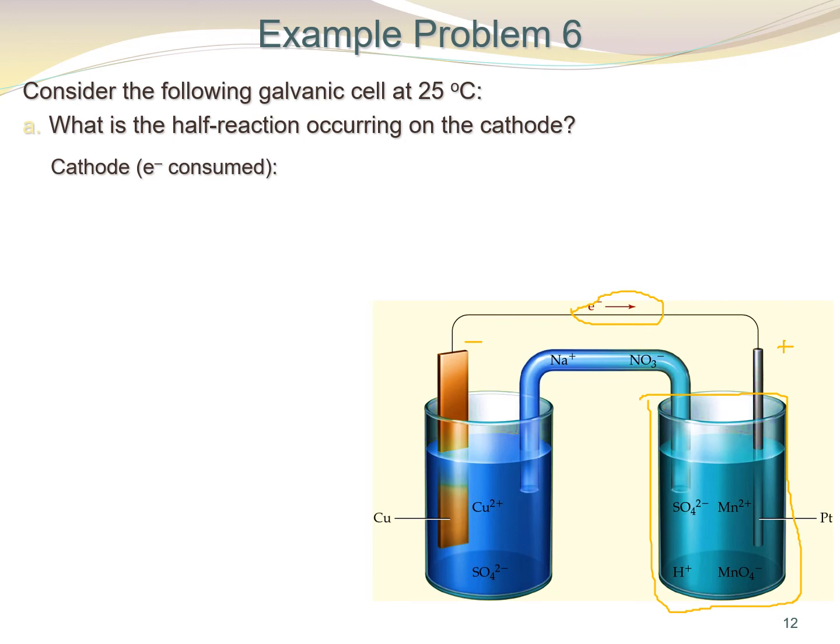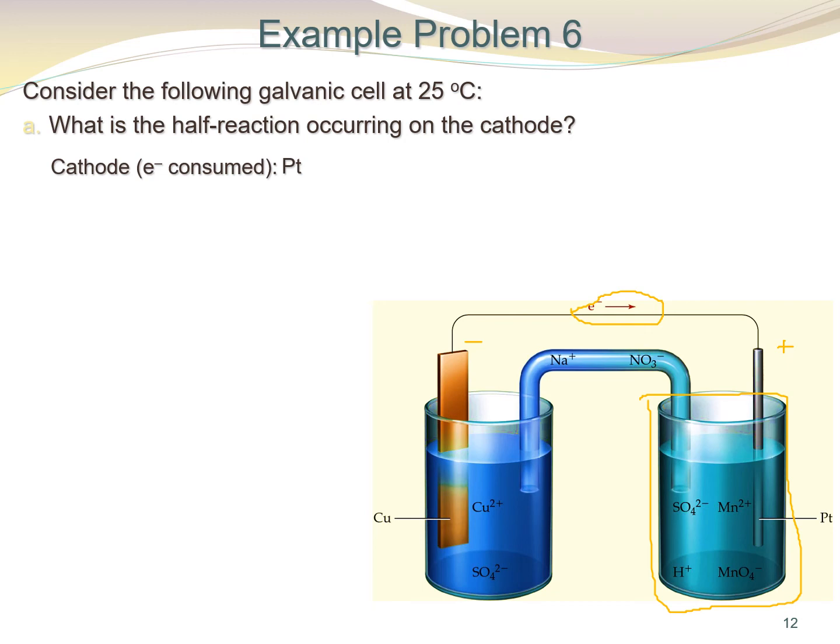In the cathode, we understand that that's platinum. Platinum does not get involved in the reaction because I do not see Pt with a positive charge in the solution. The function of Pt is as a conductor to get the electrons into the solution.